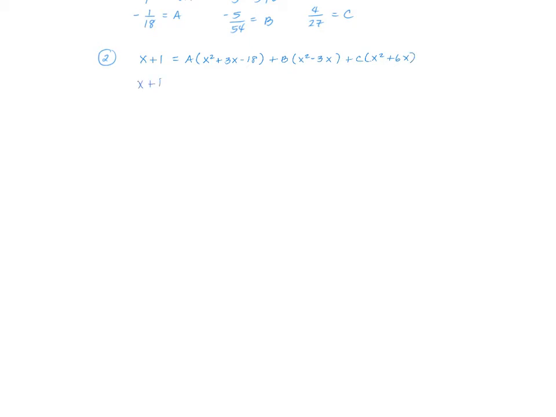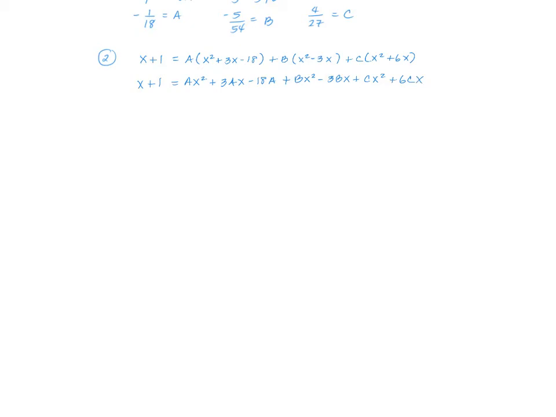Then get rid of the parentheses. I'll have ax squared plus 3ax minus 18a plus bx squared minus 3bx plus cx squared plus 6cx.